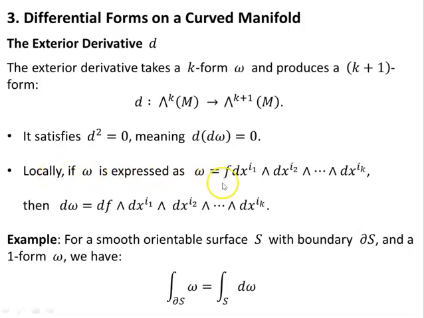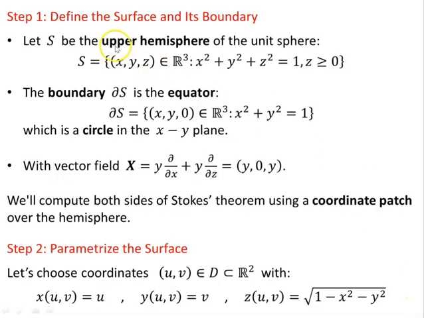And locally, if omega is expressed as this object here, then d omega is just df wedged with all the other differentials of the coordinates all the way up to k, remember being a k-form. So for example, a smooth orientable surface S with boundary partial S and a 1-form omega, Stokes' law applies in this form here. All right, so let's have a look.